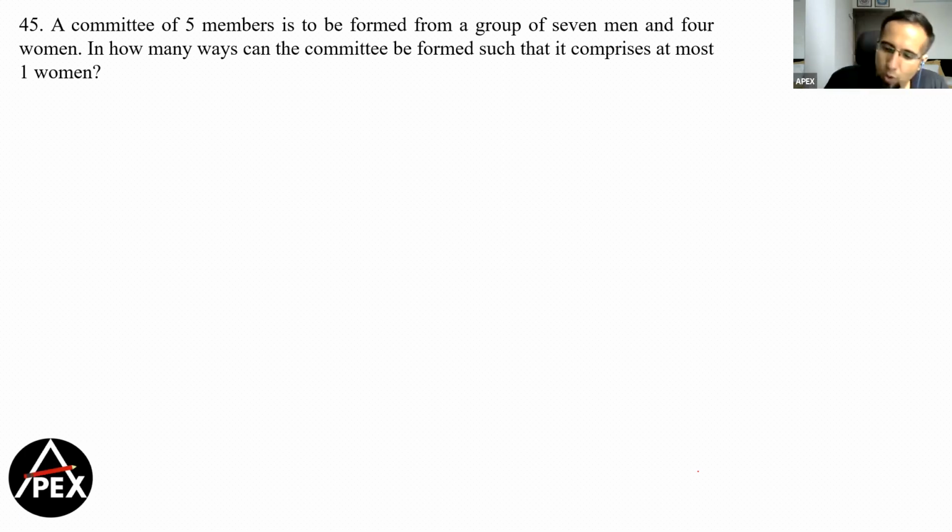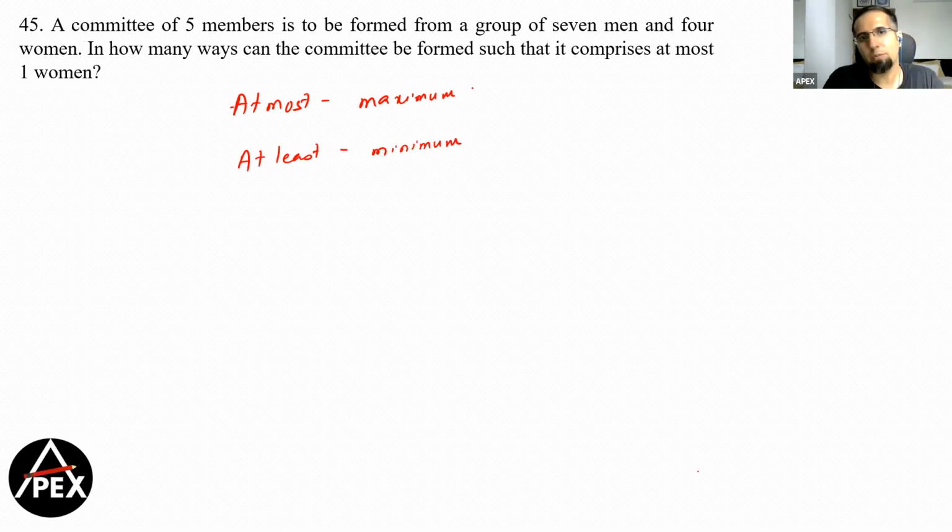Now, at most one woman, remember, whenever I'm saying at most, that means it's maximum. At most is always maximum and at least is always minimum. So I'm saying at most one woman, which means I can have 0 women or I can have 1 woman.